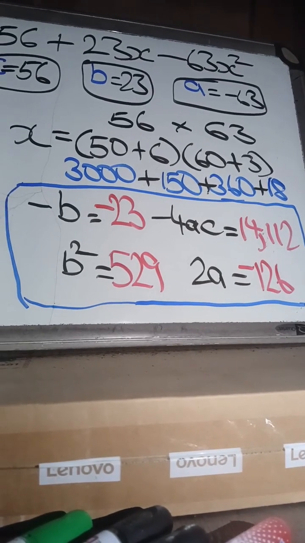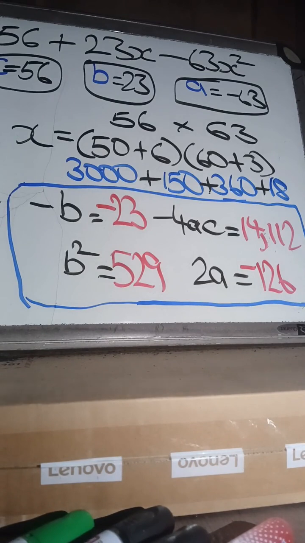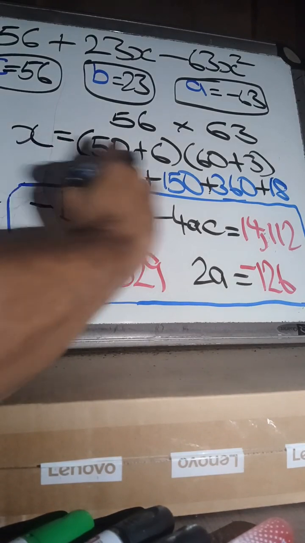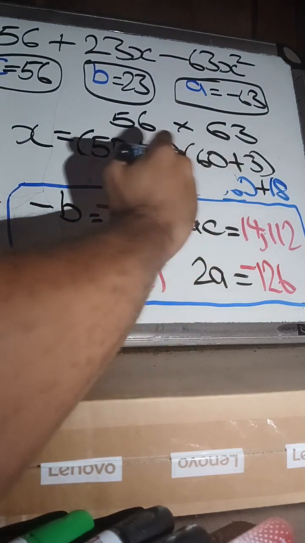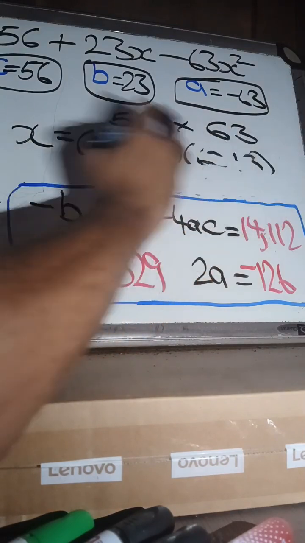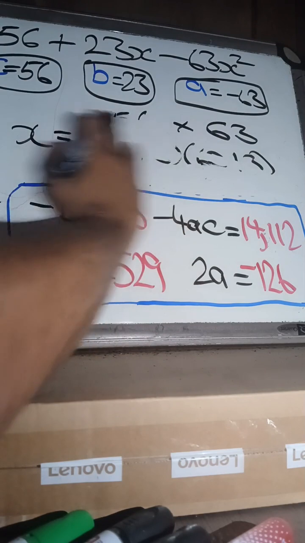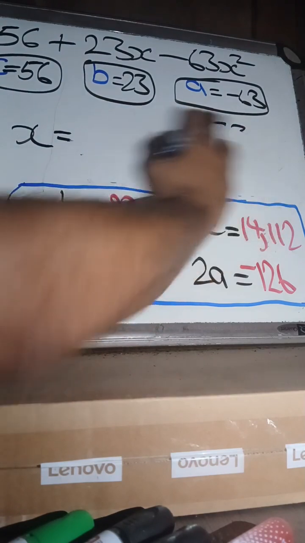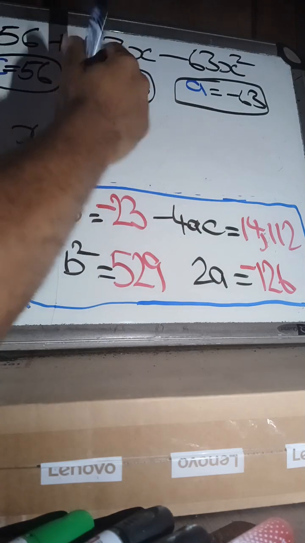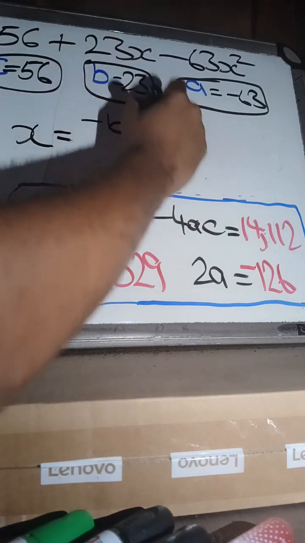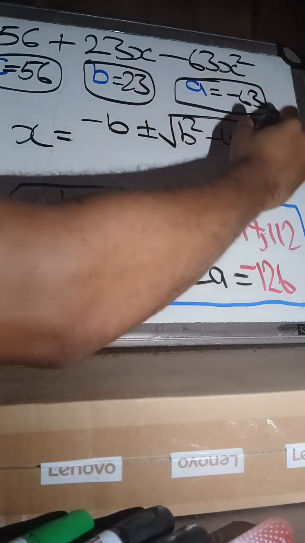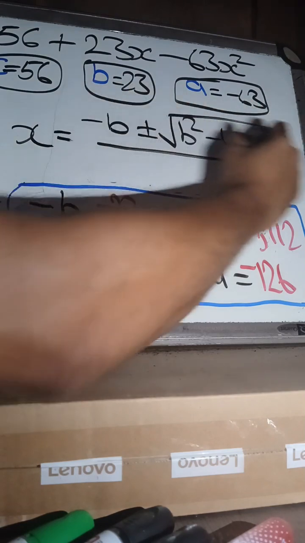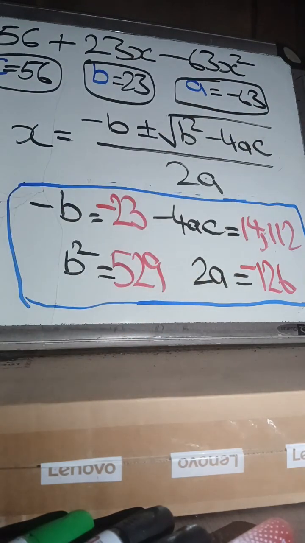Alright, so let me put back what I had here originally. Let's see what we can do now. We have minus B. The marker is starting to get weak now.